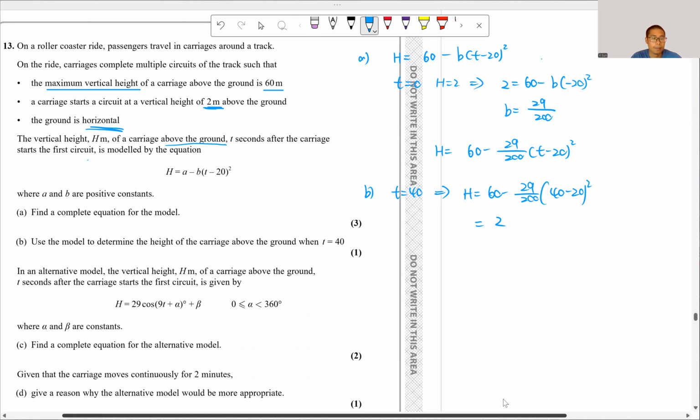And then in an alternative model, the vertical height h meters of a carriage above the ground, t seconds after the carriage starts the first circuit, is given by h = 29 cos(90t + alpha) + beta, where alpha and beta are constants. Again, we need to find the complete equation for this alternative model.